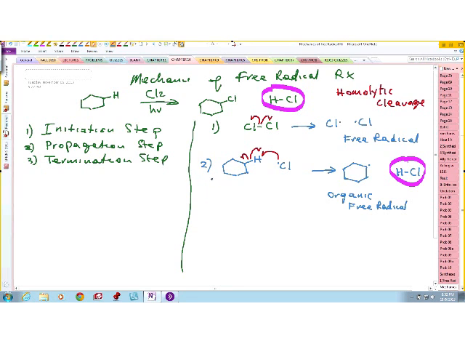I'm going to designate this as 2A. In other words, the propagation step has more than one step. Then the second part of the propagation step, I'll call it B. What happens now? The organic free radical comes back.